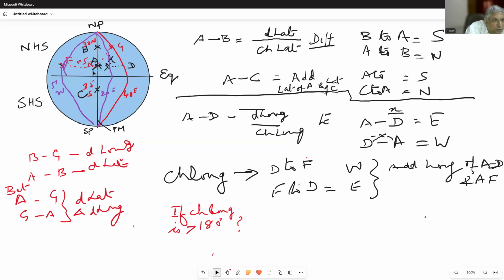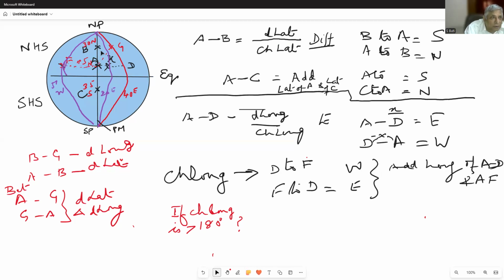If this is 15 degrees north and this is 35 degrees south, then total change of latitude will be 50 degrees. If it is 15 degrees 20 minutes and 35 degrees 10 minutes, then add 15 degrees 20 plus 35 degrees 10, and that will be your change of latitude. Has to be added in degrees and minutes.